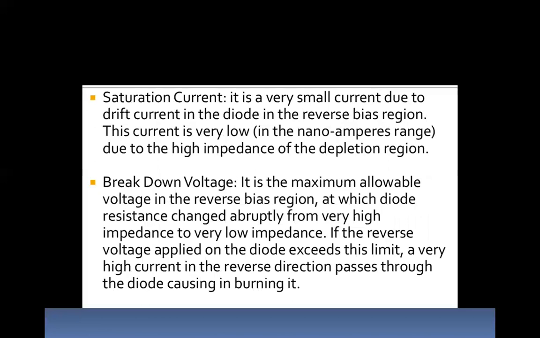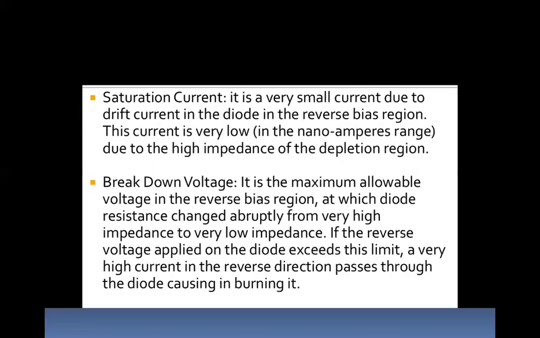We have saturation current. It is a very small current due to drift current in the diode in the reverse bias region. This current is very low, in the nanoamperes range, due to the high impedance of the depletion layer, because the impedance is very high in the depletion region. So the current is so low that we have to measure it in nanoamperes, like 10 to the power of -9.